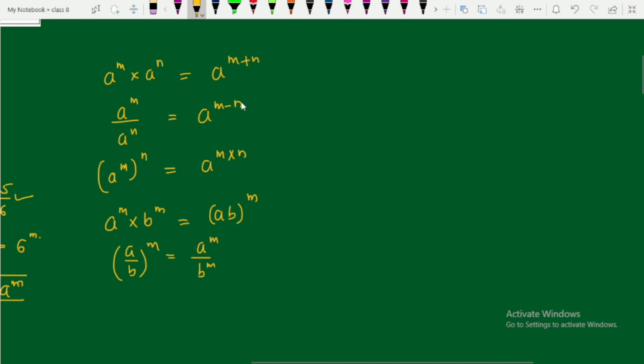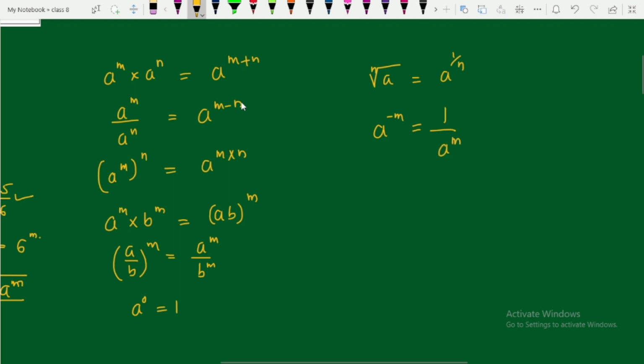Then next one is a raised to 0 is equal to 1. Yes, and last one you seen about the nth root. This nth root of a we can write as a raised to 1 upon n. And also you seen a raised to minus m equal to 1 upon a raised to m.